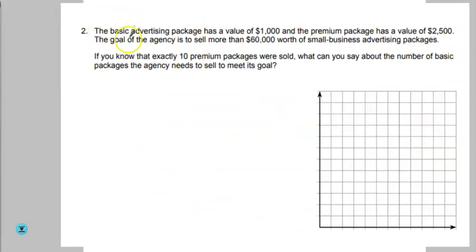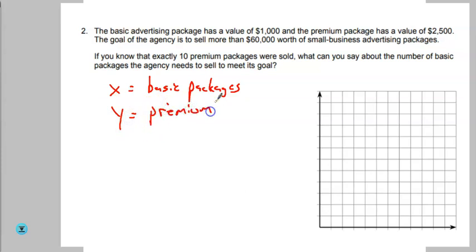All right, so a different situation, but the same stuff. So X equals basic packages, Y equals premium packages.